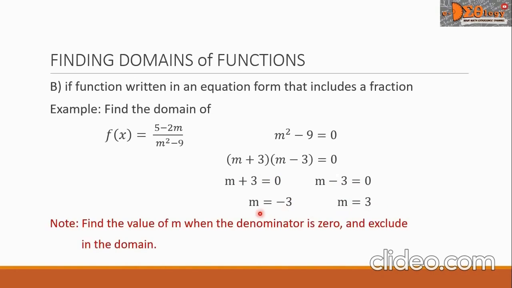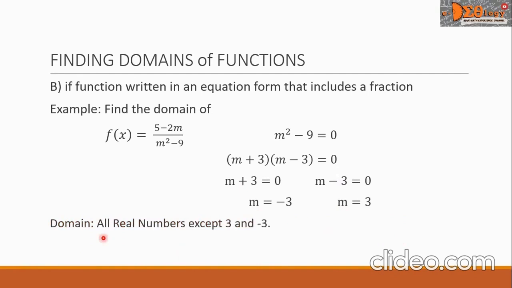Again, we look for these values of m because these values will make the denominator equal to 0, and we will make sure that we exclude these values from the domain. So in writing the domain, we will write all real numbers except 3 and negative 3.